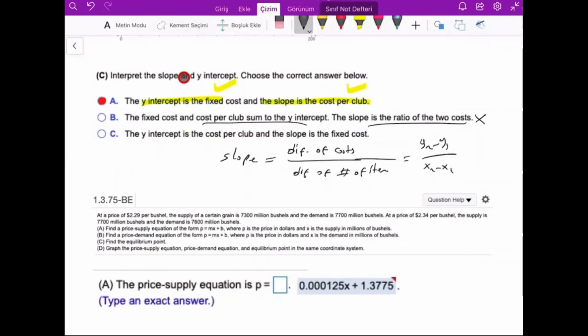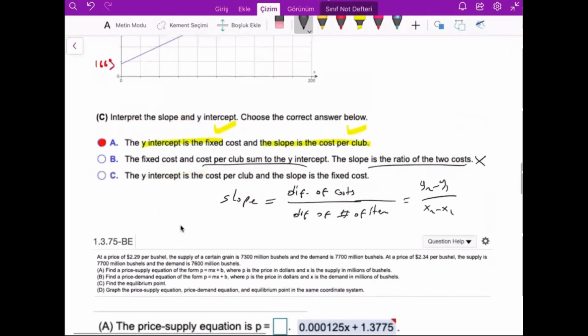Okay, so this comment is very important. So please understand these comments. For the cost function, again, I want to emphasize, don't forget, this is very important. Cost function equals fixed cost plus variable cost.